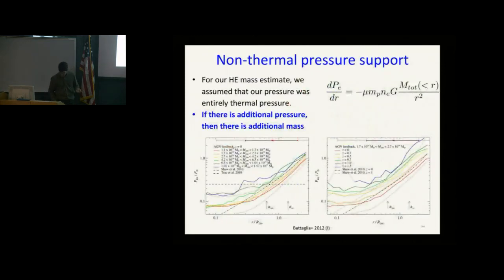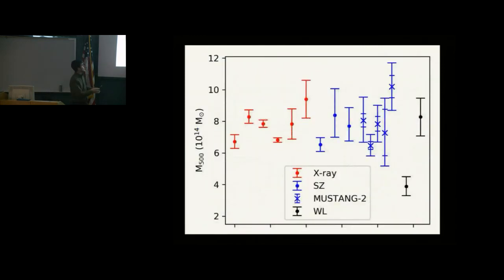All right. Now, I want to also get to what differences should we expect between weak lensing and any mass measurement from the ICM, in particular when you assume hydrostatic equilibrium. The main bias that is proposed between hydrostatic equilibrium and a weak lensing measurement, well, it's called the hydrostatic bias, but it's dominated by the fact that you assume your pressure in your hydrostatic equilibrium is only due to thermal pressure.